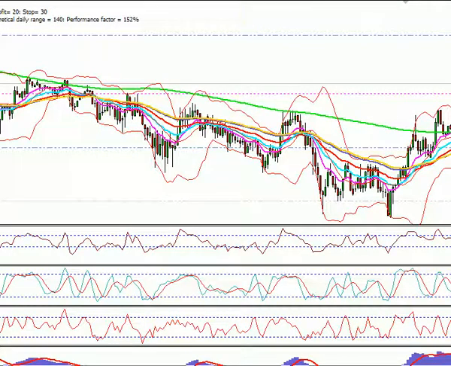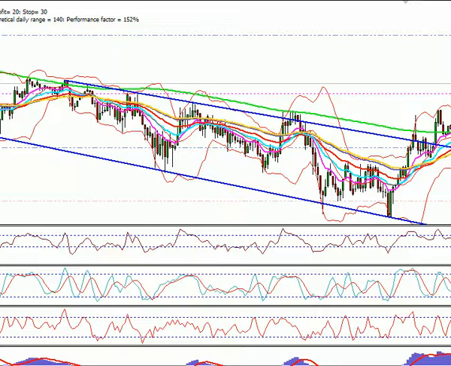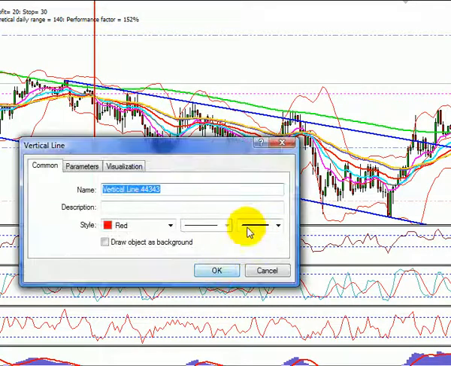So let's get some lines drawn in. Obvious support and resistance lines. Let's get them in here. As a resistance. There's support. I'm going to give you a line here that's going to denote the London open time.